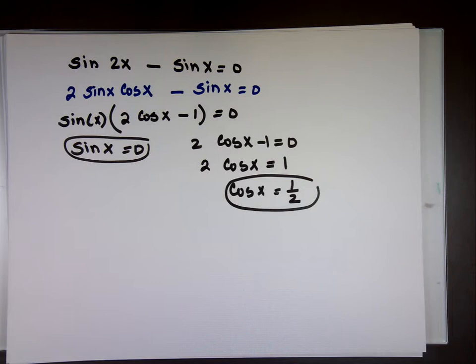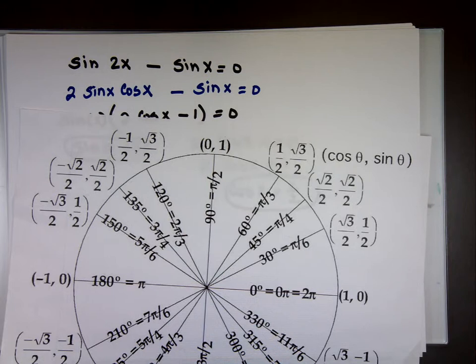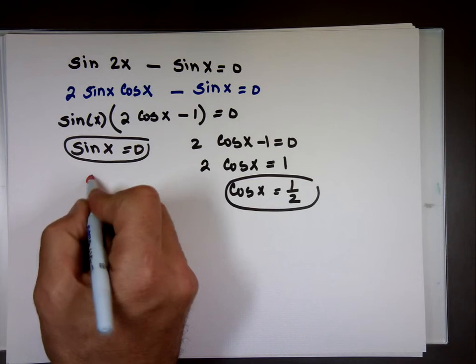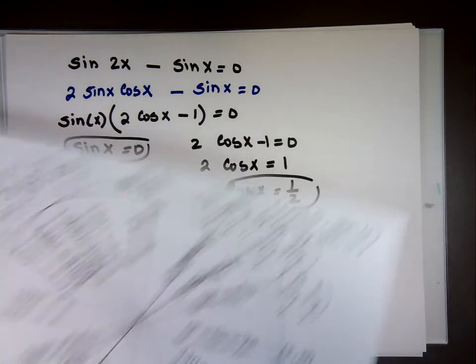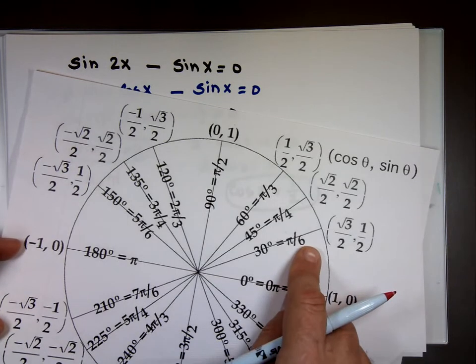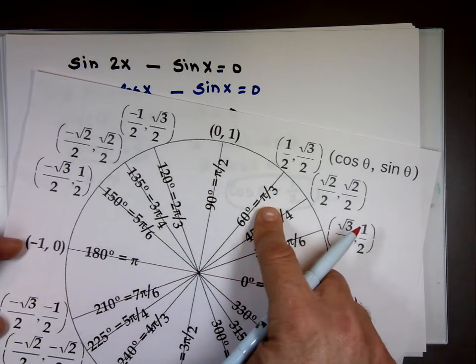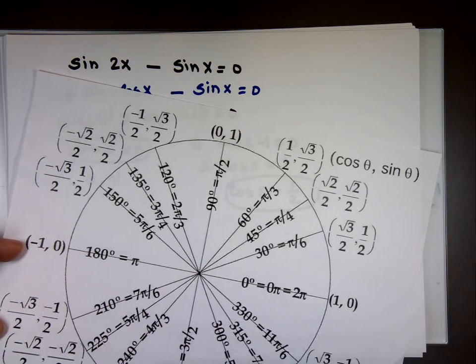The unit circle again comes in handy. Where's the sine 0? 0 and pi. Where is the cosine equals 1/2? Pi over 3 and 5 pi over 3. See it? Pi over 3, 5 pi over 3.